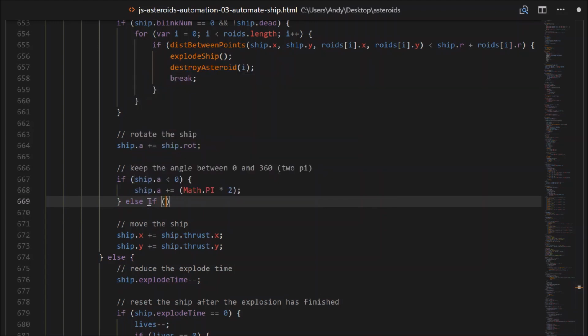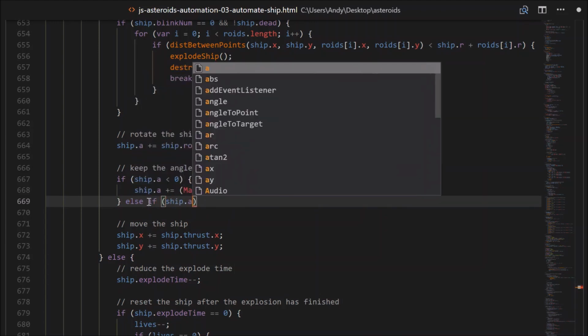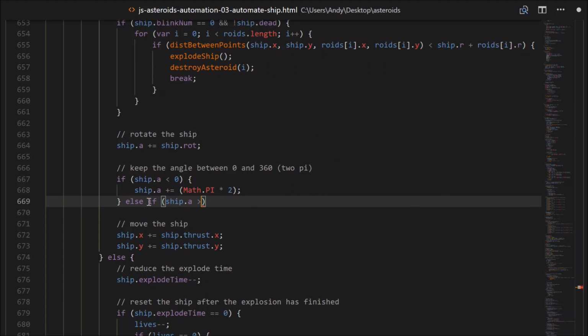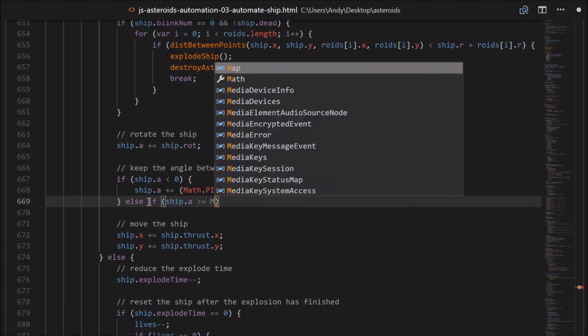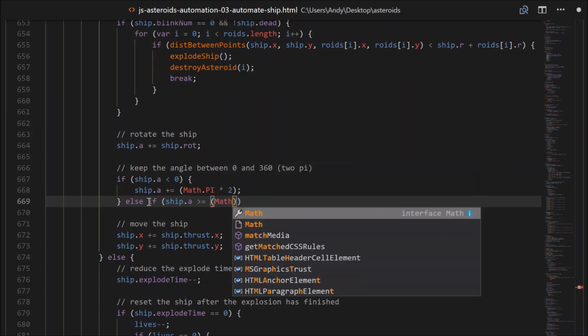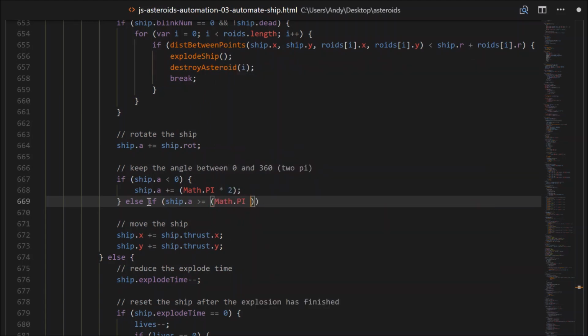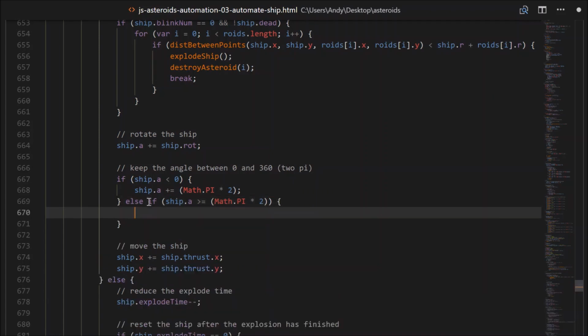Else, if ship's angle is greater than or equal to 360, Math.PI times 2, I'll bracket this one as well. If it's greater than that, then we'll want to do the same thing except that we'll subtract 360. We don't want exactly 360 because our randomly generated position will never be 360, I don't think.